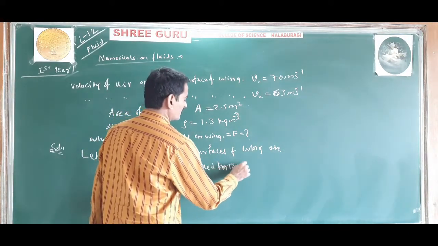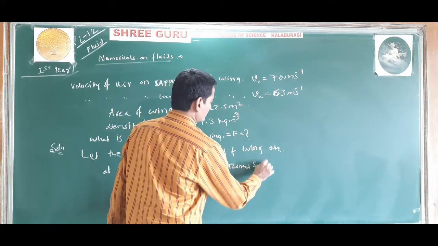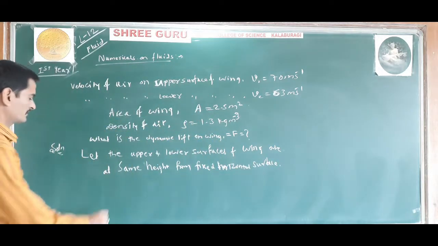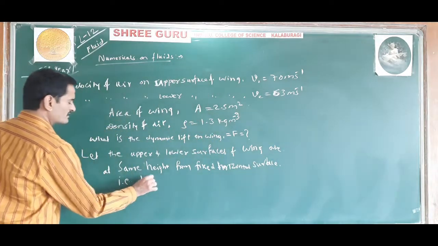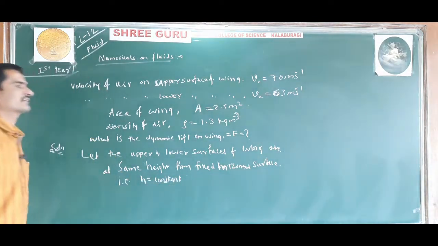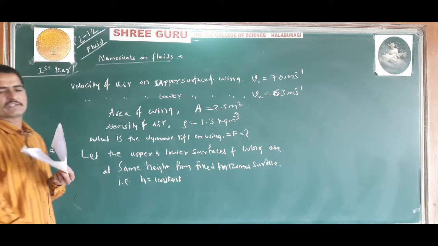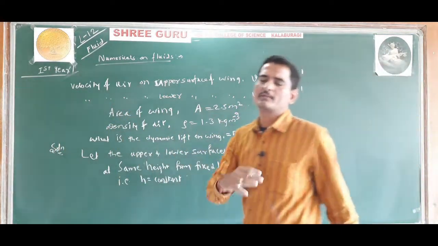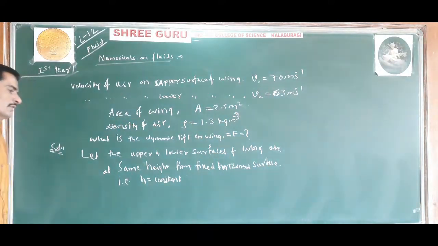That is H is equal to constant. So H is not different. So upper surface of the wing and lower surface of the wing are at the same horizontal level. So like that we have to consider, then we will be able to solve very easily.